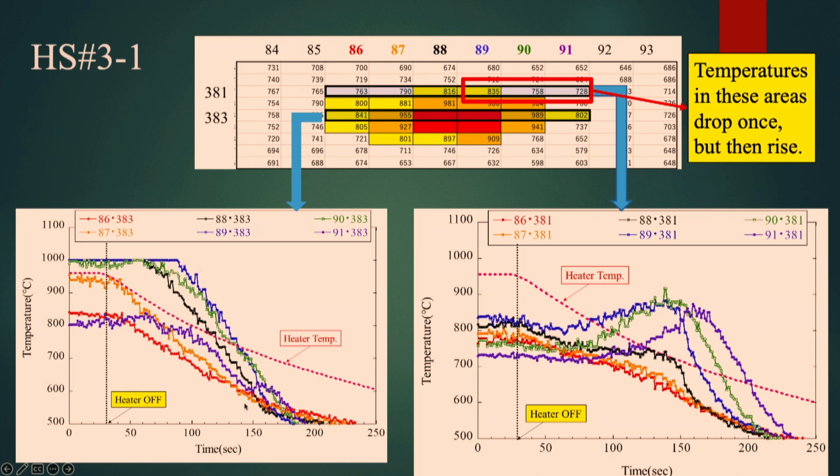However, if we look at these lines, this is the data for these lines. At this point, the heater is switched off, and initially the temperature decreases like this. However, at some pixels, the temperature drops, and once it drops, it then rises like this. It's very curious and anomalous.